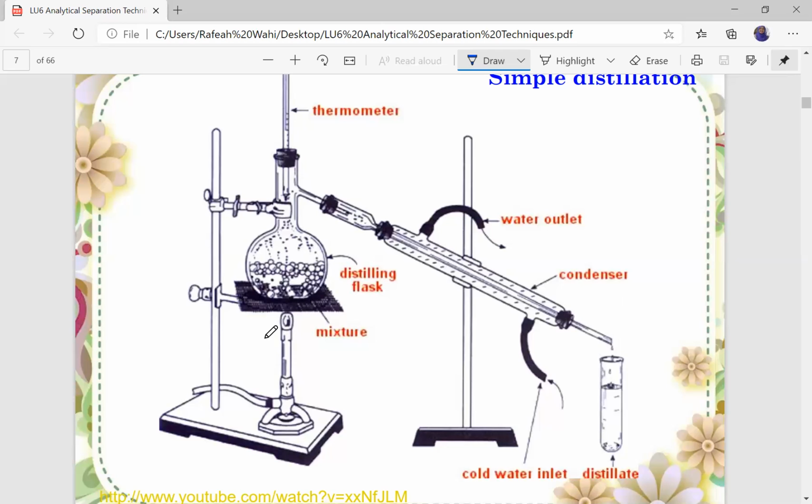Okay, so this is an example of simple distillation.